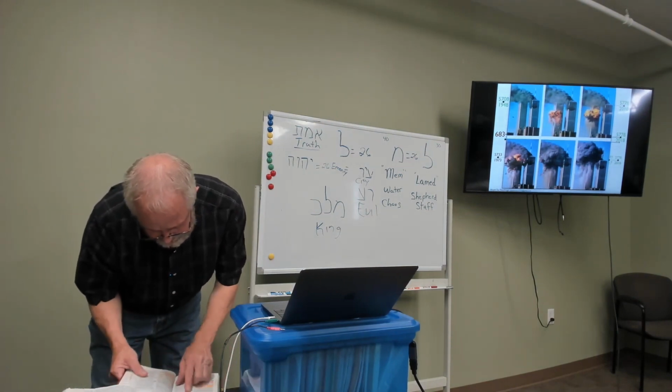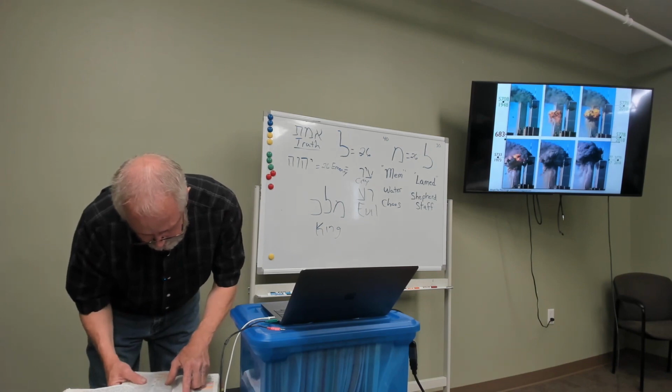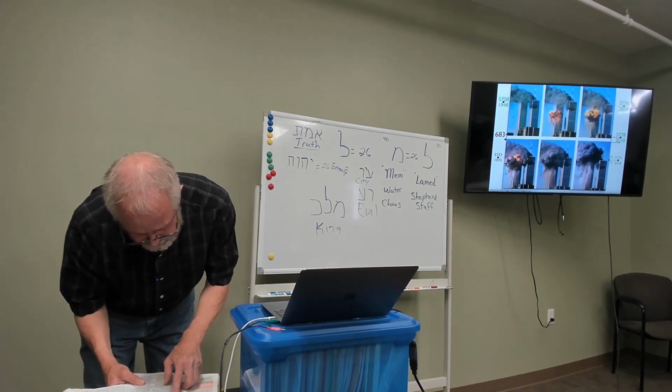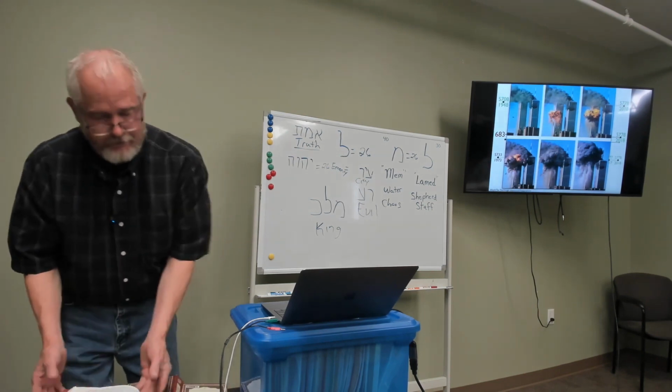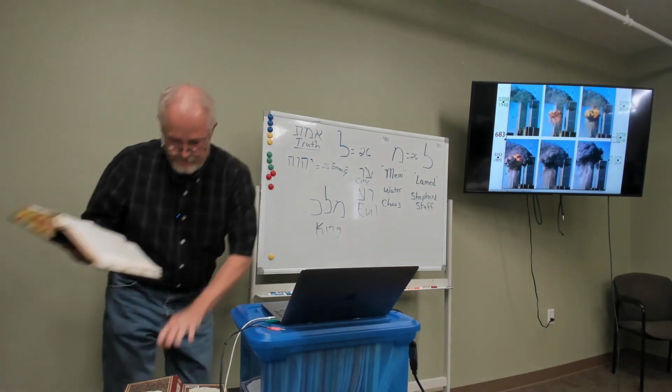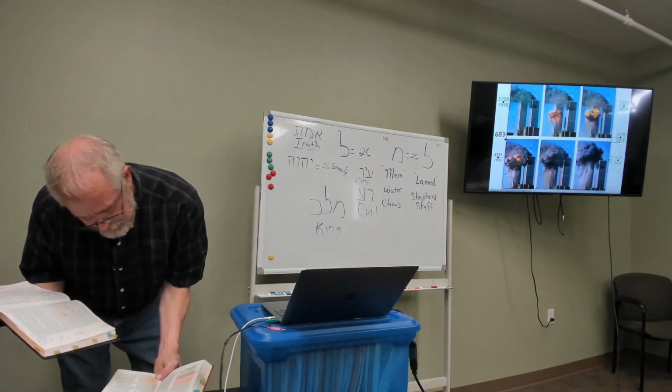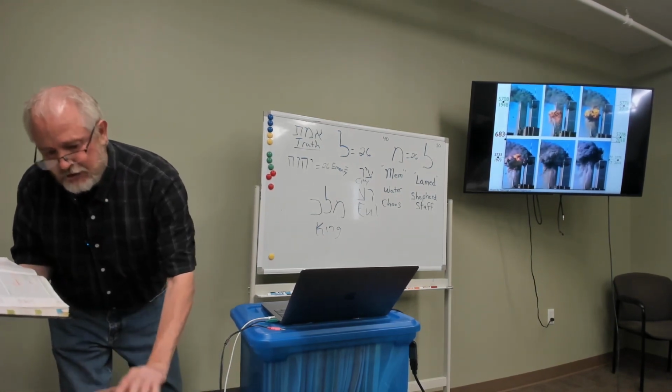It says, she became a home for demons, a prison for every unclean spirit, a prison for every unclean, hated bird. What verse is that? That is verse 2. Where are we? Revelation 18, verse 2.